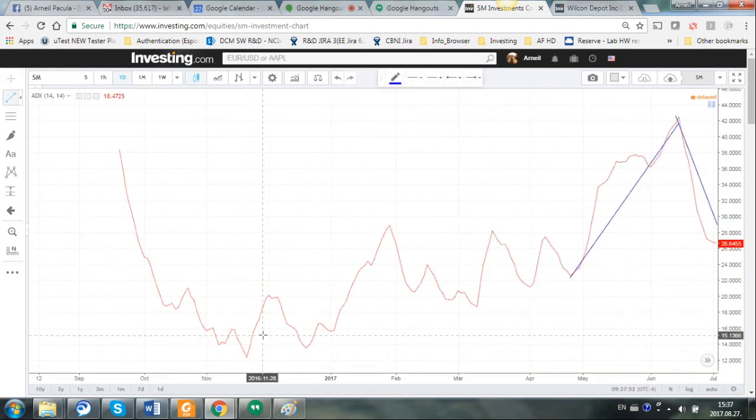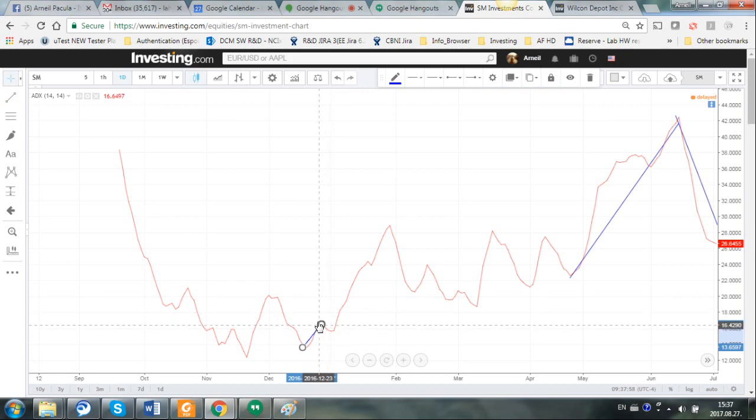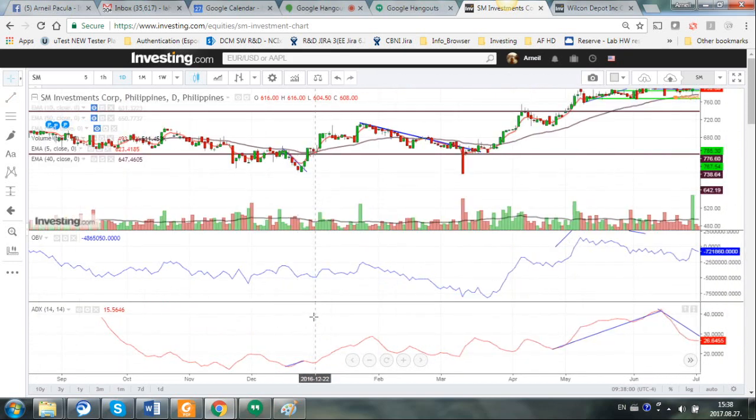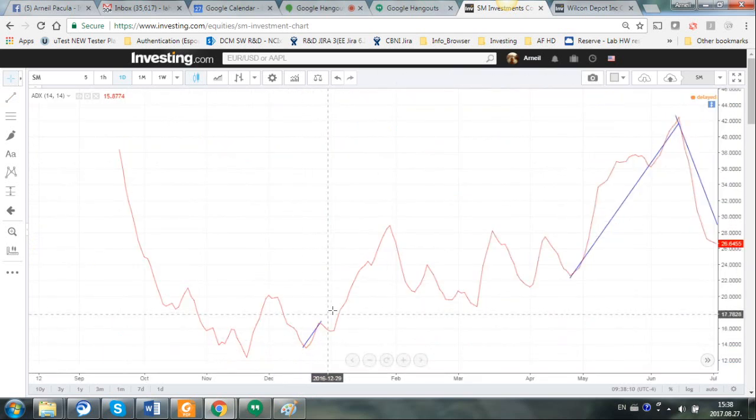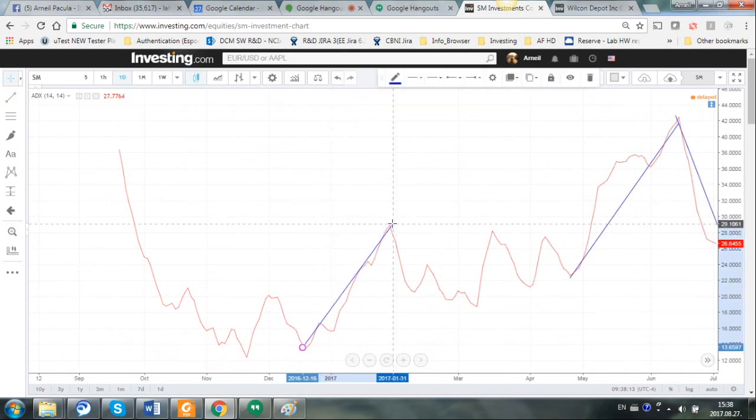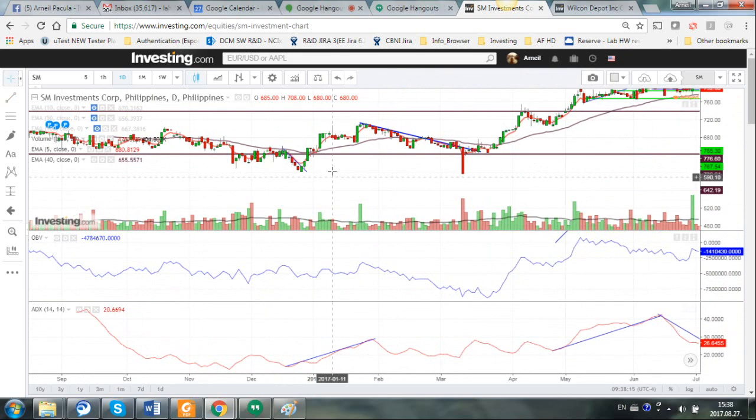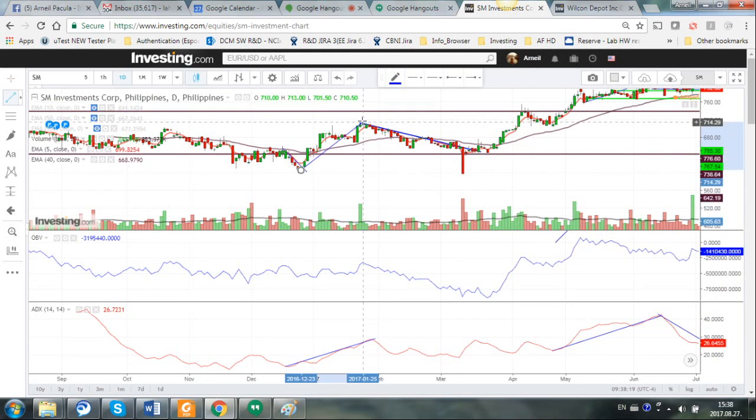Okay, at this small point only, there is a trend. Di ba? Downtrend. So there is a trend. Down, which is downtrend, which is indicated by ADX. So this is also, there is a trend. That's why from this point to this point, there is a real trend, which is uptrend.